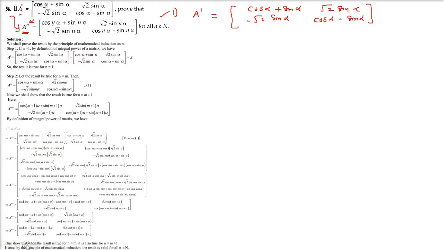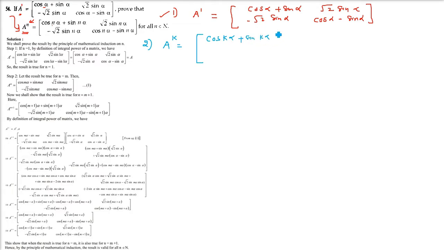Now coming to the second step. Here we assume that this is true for n equals k. Just put k as n. So cos k alpha, wherever n is there, put k.